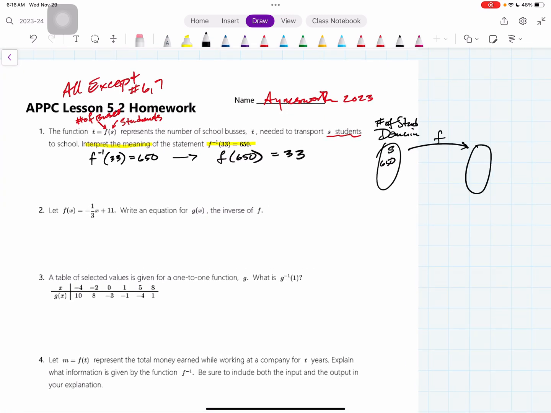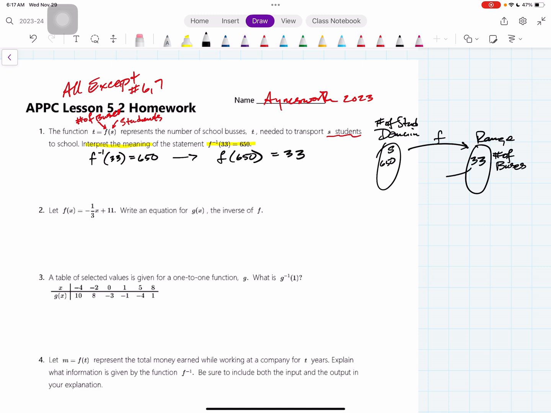So the number of school buses depends on the number of students. The range, the output, represents the number of buses. How many buses are needed, given 650 kids?